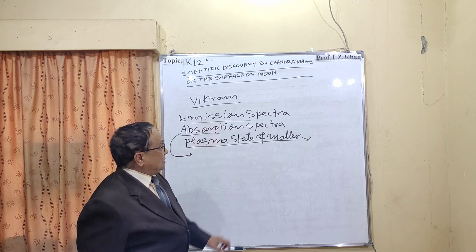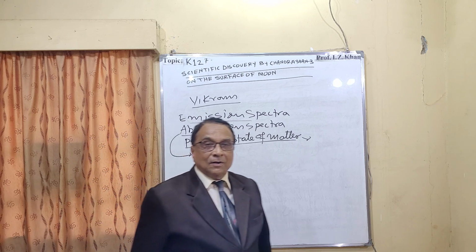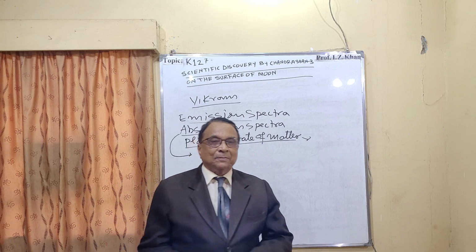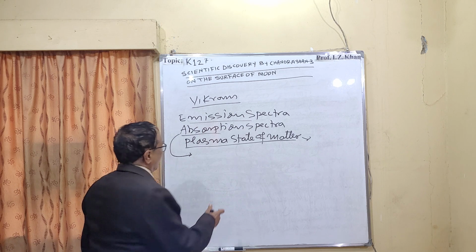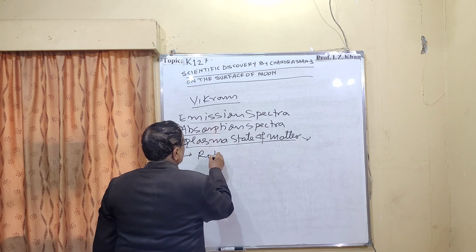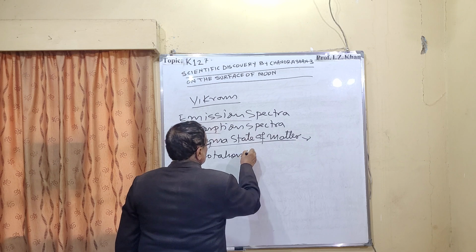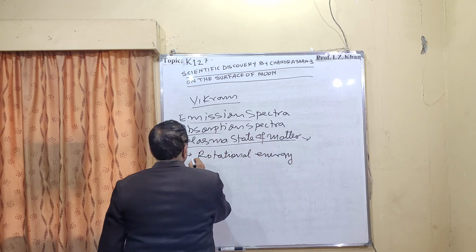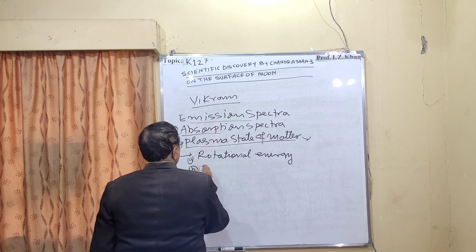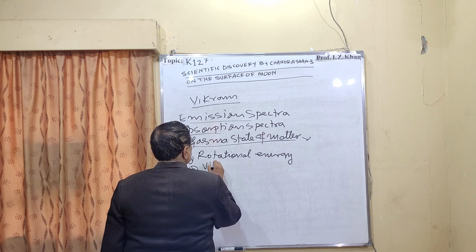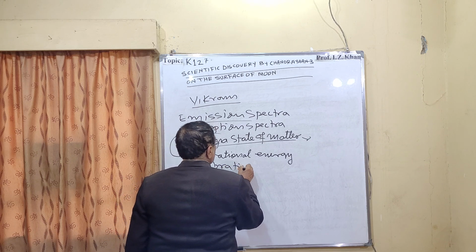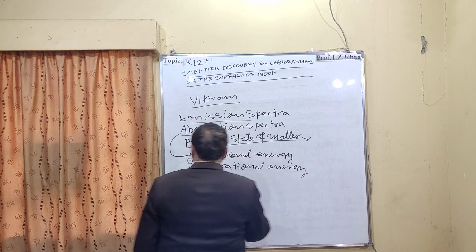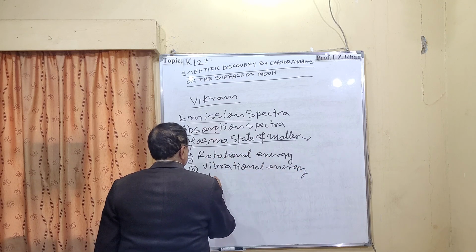Once absorption of electromagnetic radiation takes place in any matter, there are three types of energies associated with matter. One is rotational energy, second is vibrational, and third is electronic.